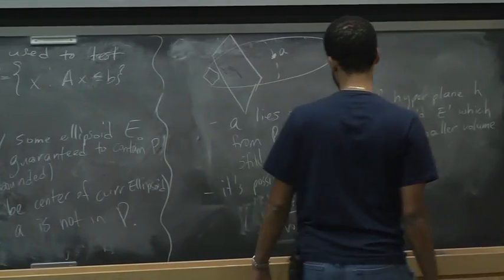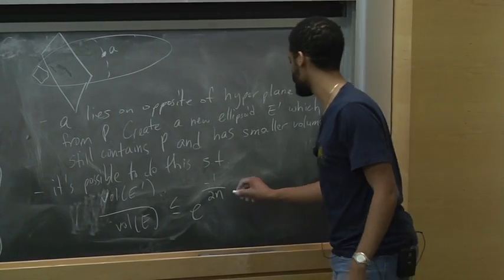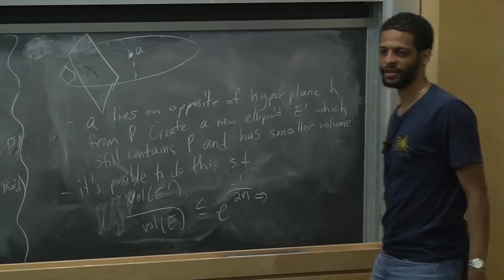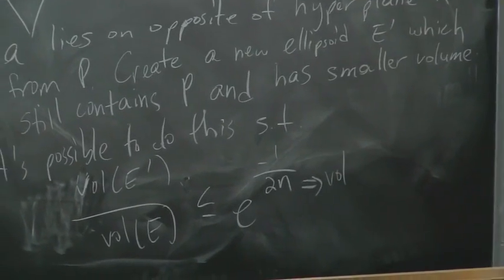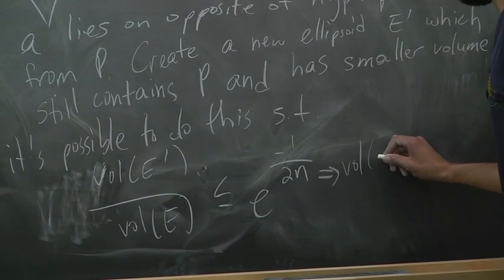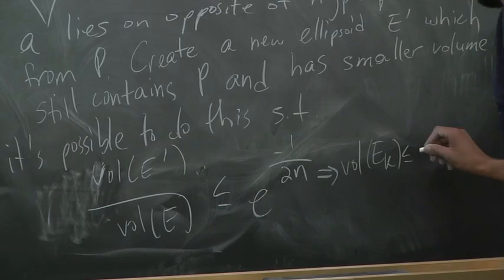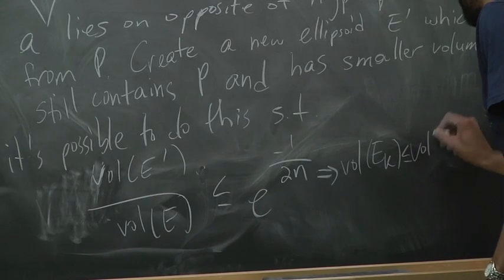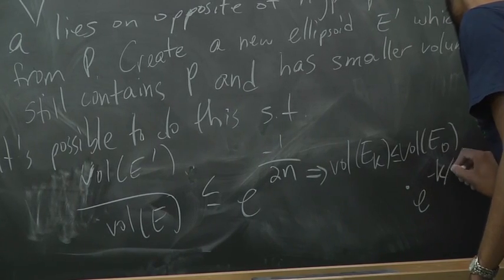And maybe I should have said this: this volume comparison implies that the volume of the kth ellipsoid is at most the volume of the original ellipsoid times e to the minus k over 2n.